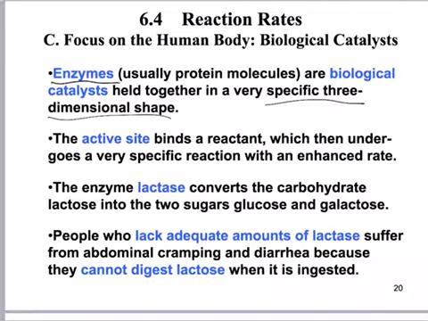Now, this is kind of an old school way of teaching how enzymes work, and it's not exactly true. But we're not going to have to worry about it because we're worried about the chemistry behind it. So what we have is an active site, and this is going to bind a reactant. And this is very specific for the type of reaction that you're going to have. So this is going to enhance the rate, the speed at which the reaction occurs.